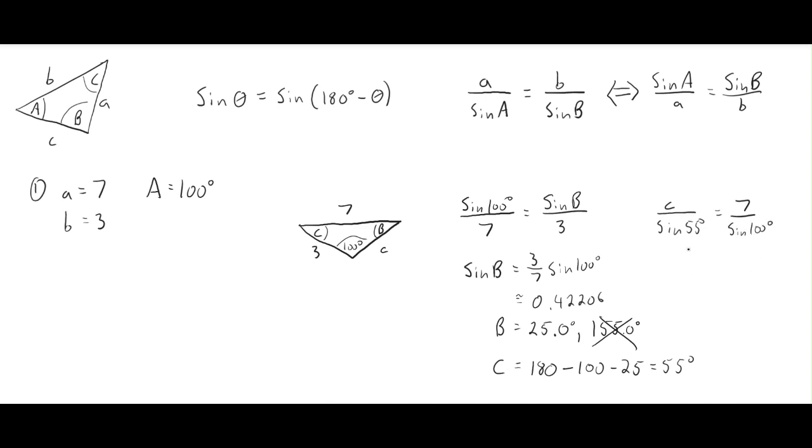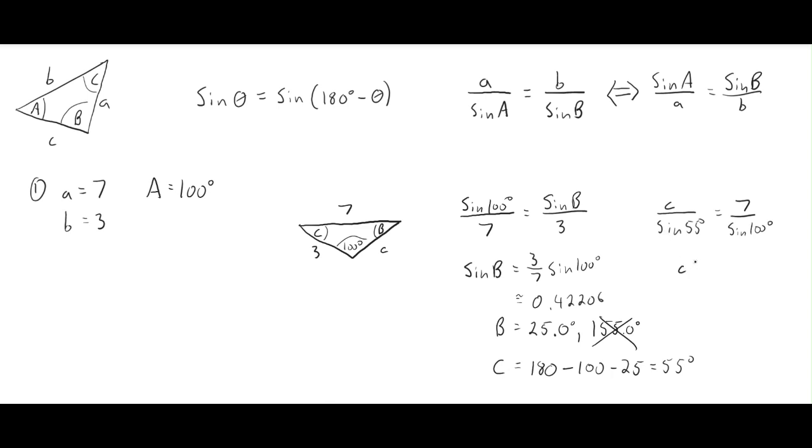Okay, so now to solve for C, I need to multiply both sides by sine 55 degrees. And this one cancels, and then it shows up over there. All right, I'm just writing that out to explain a little bit. I've got a video on algebra that you might find useful.